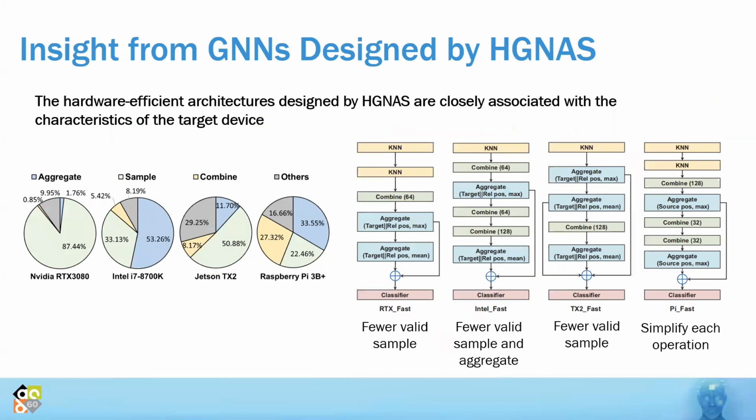As we expected, the results clearly show that the hardware-efficient architectures designed by HGNAS are closely associated with the characteristics of the targeted device, which are consistent with the characterization of GNN models in observation 3. For example, the optimal model for Intel CPU has fewer aggregate operations, and models designed for Raspberry Pi tend to simplify each operation.